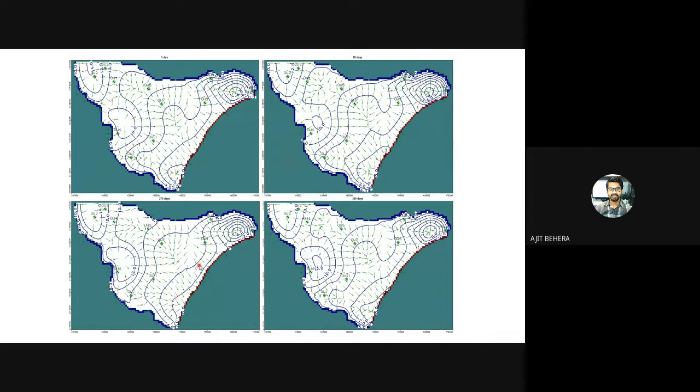When the monsoon takes place, it comes to its original condition, and some groundwater discharge also takes place to the sea. So this is basically showing how our shallow coastal aquifer system reacts to rainfall, or when there is no rainfall, how it is affected by the sea.